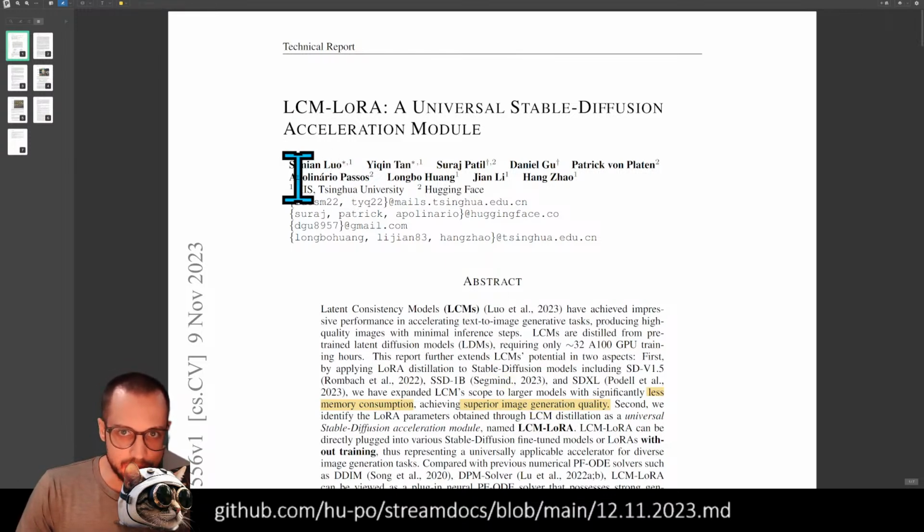This is LCM LoRA, a universal Stable Diffusion acceleration module. Stable Diffusion is a diffusion model created by a company called Stability AI that is used for text to image.